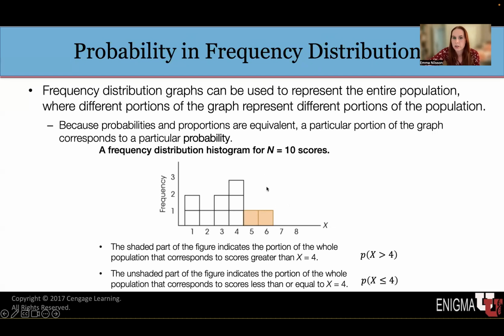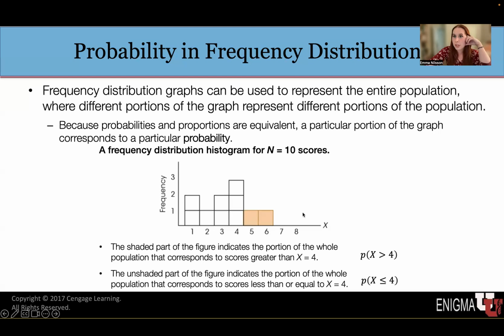So for example, this frequency distribution histogram has a population number of 10 scores. If I were to ask you, let's say we're taking a random sample of n equals 1, we're just drawing one of these. What is the probability that we are going to get an individual who had a score higher than 4? To use this frequency distribution histogram, you would just highlight the part of the figure that corresponds to the portion of the whole population who had scores greater than 4, which is this shaded part here.